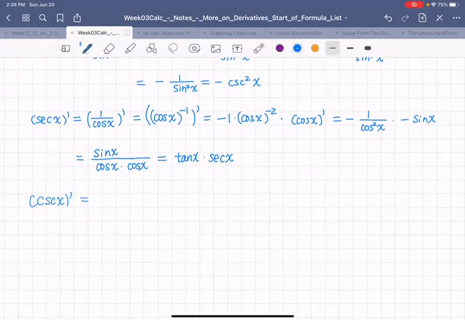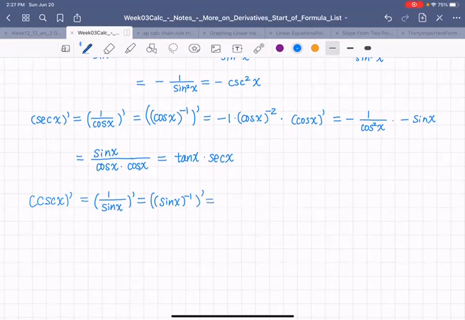Cindy, right? Let's do it. I'm pretty sure it's just 1 over sine x, the prime of 1 over sine x, very similar to the other problem, inverse sine x.